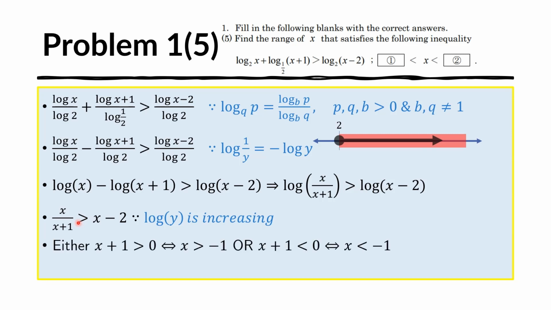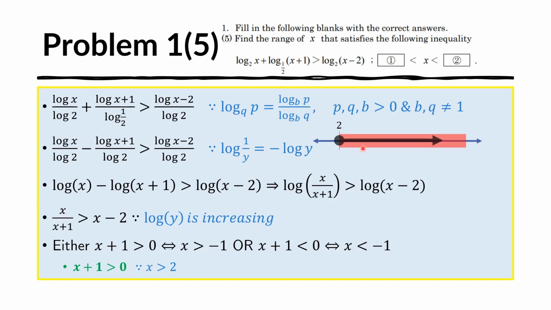And so we can consider the two possibilities: that x plus 1 is a positive number, meaning greater than 0, in which case we have x greater than negative 1, we just move the 1 to the other side, or the x plus 1 here is a negative number, which we write as x plus 1 is less than 0. And in this case, if we move the 1 here, we get x is less than negative 1.